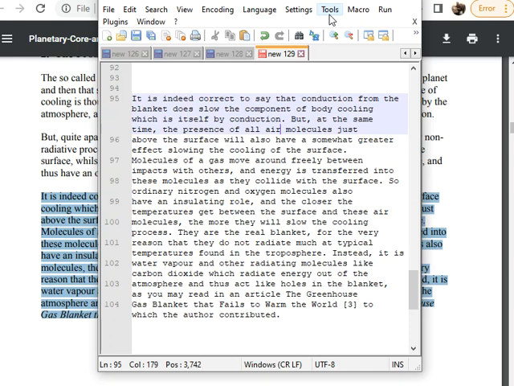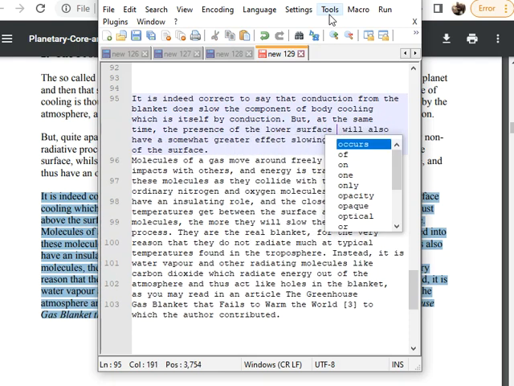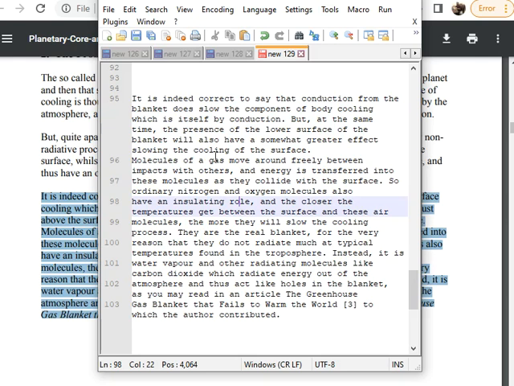But at the same time, the presence of the portion of blanket, the lower surface of the blanket, will also have a somewhat greater effect of slowing the cooling of the body.